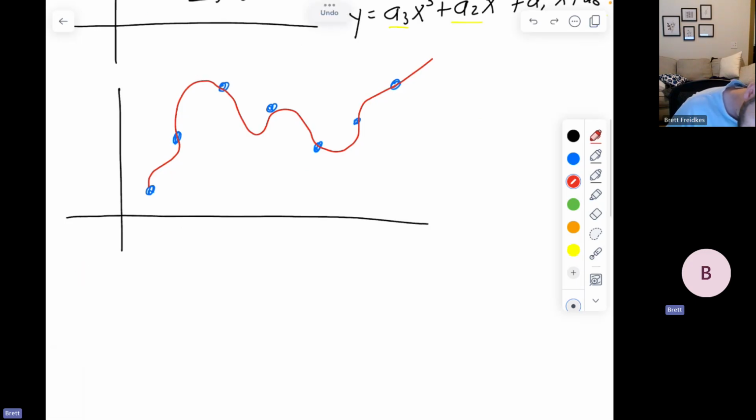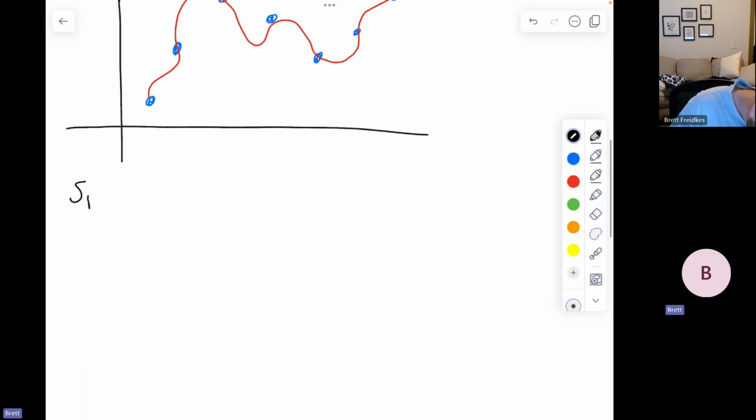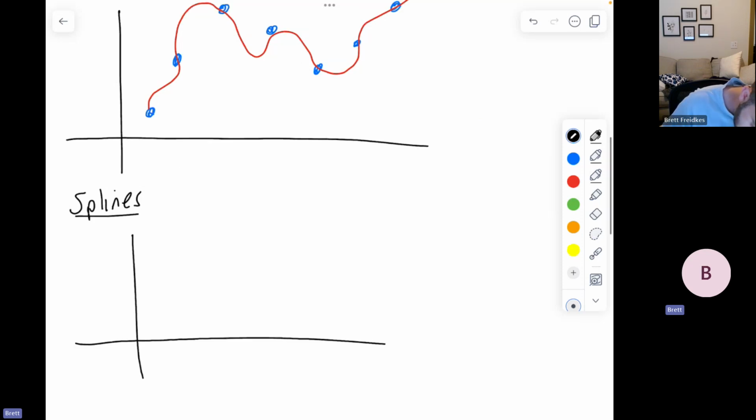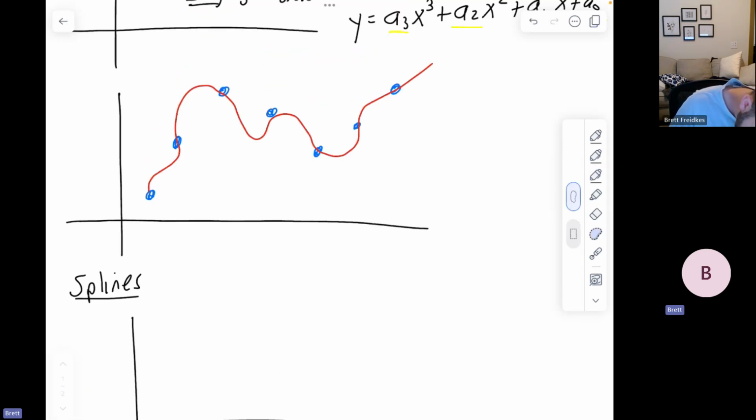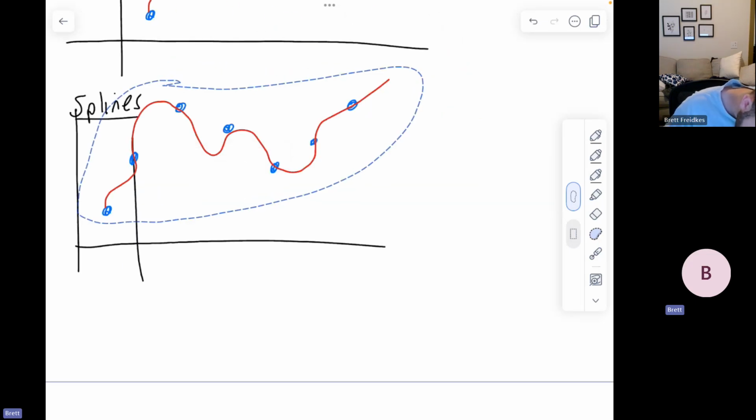So what we would rather do is use splines, where instead of, let's say I'm going to try to copy and paste this. Let's cut this. Let's copy that, paste that.